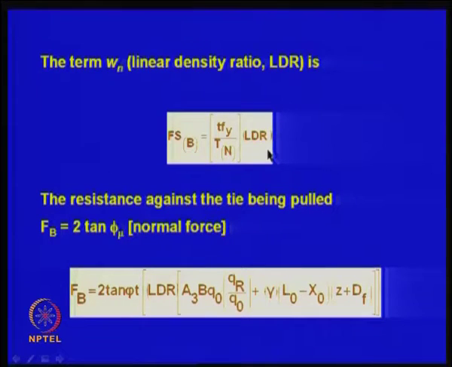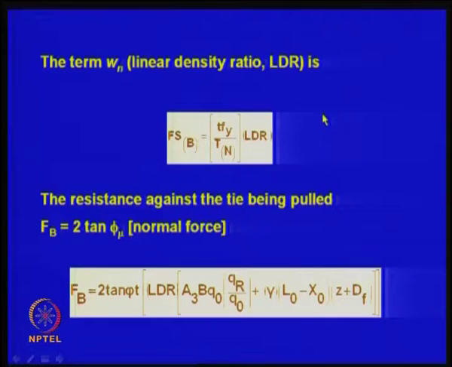It is just a series of tension members, and the term Wn is nothing but the linear density ratio. We use a term which is nothing but how many members are present, and that is what is called linear density ratio.